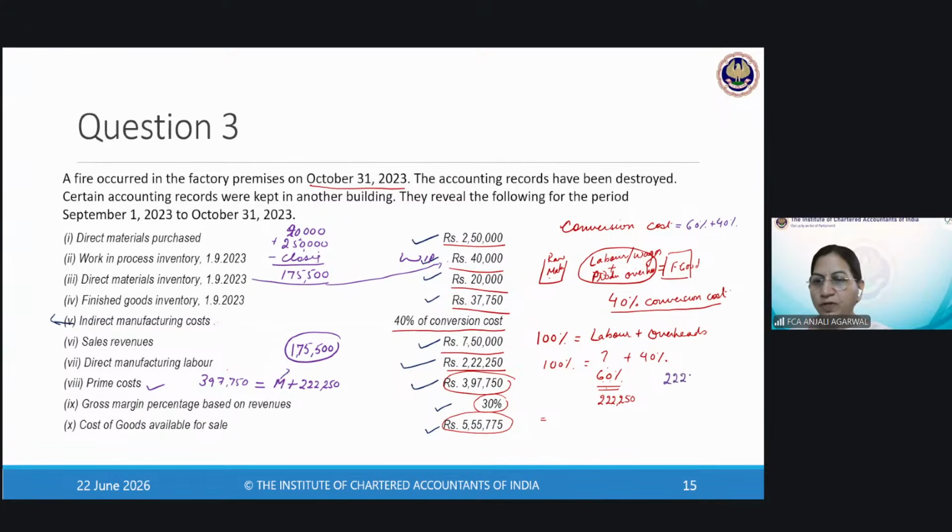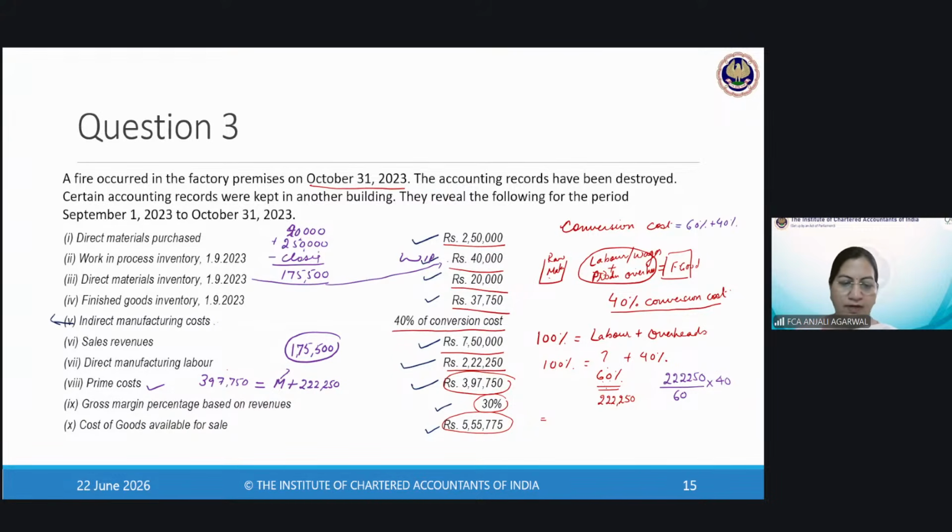So when you divide 222,250 by 60 and multiply it by 40, you will find out the indirect manufacturing cost. 222,250 divided by 60 into 40.